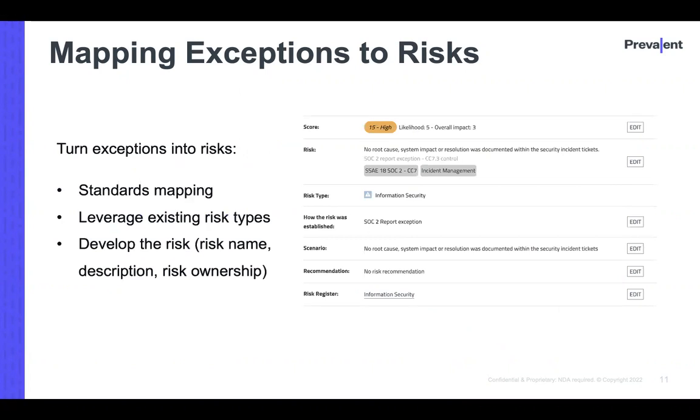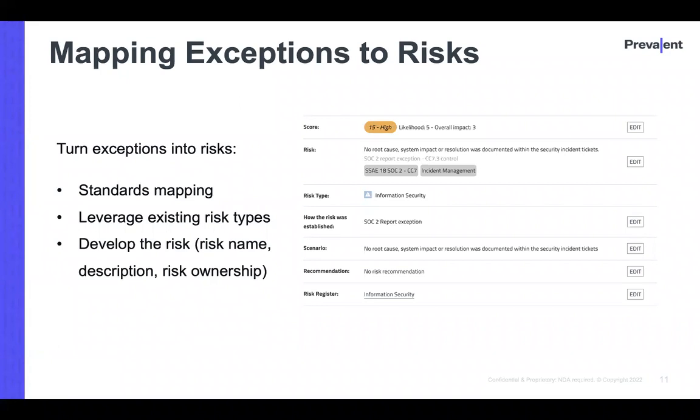So, turning exceptions into risks. Once we've got the idea of the risk, and we've identified the calculation and the level of risk rating that we want to apply, we can then start to look at other aspects to help us bulk out the exception and get a wider case that's going to make the process of engaging with the third party so much easier.